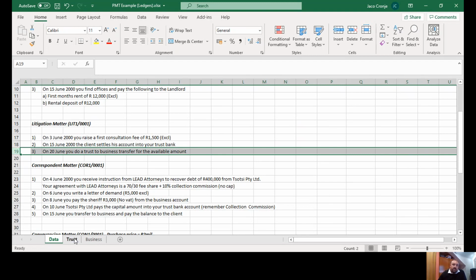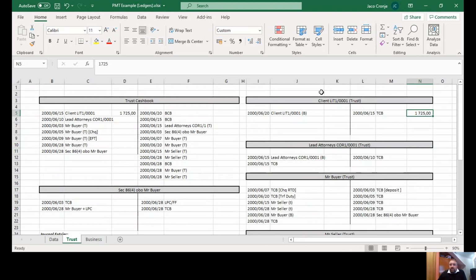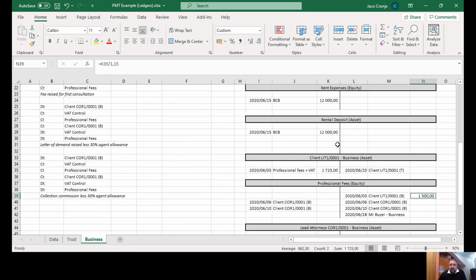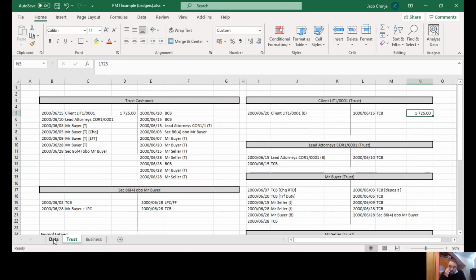So let's go and see. In trust, I have a value of 1725. In business, I have a value of 1725. So what's the lower of the two? They're exactly the same. So I will do a trust to business transfer to the value of 1725.